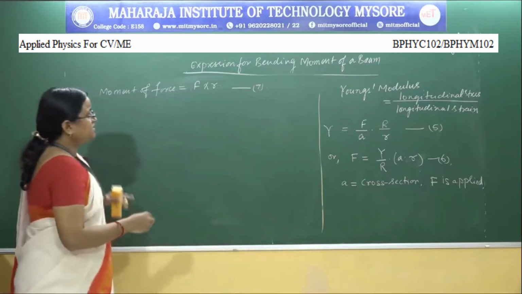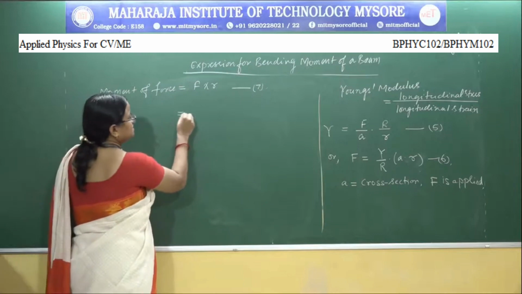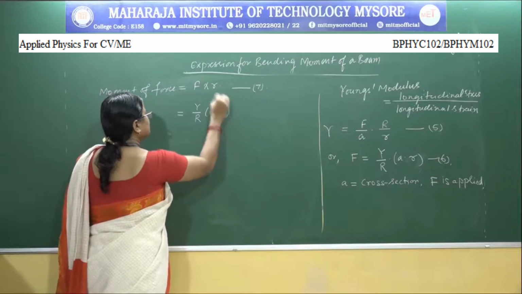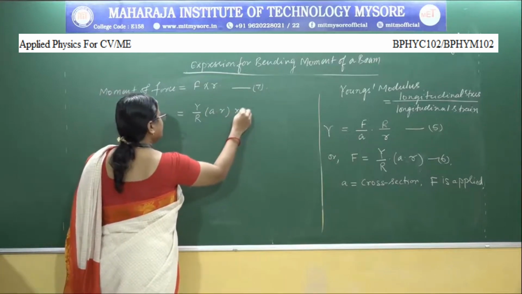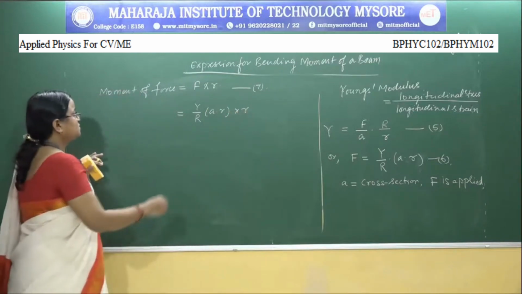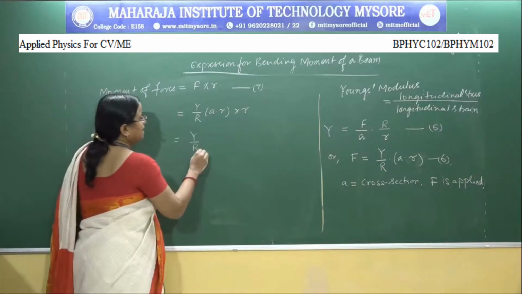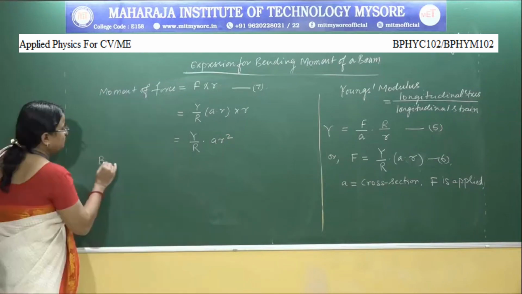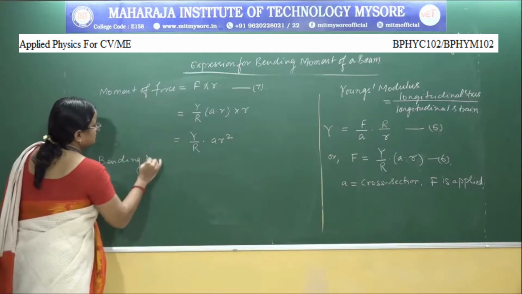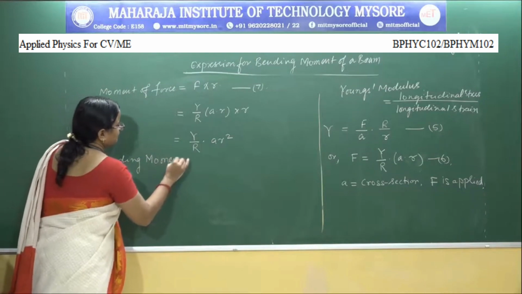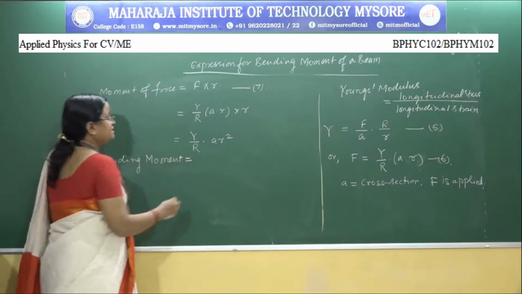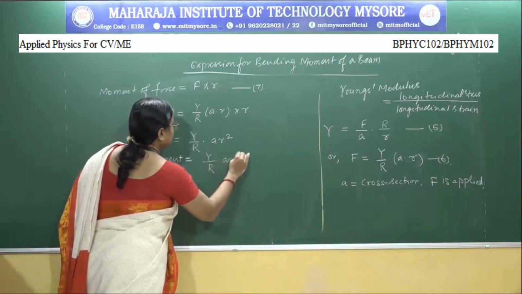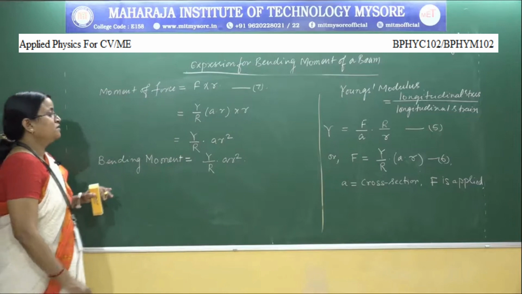So, we know the expression of force, Y by R, A into r, and this multiplied again by r. So, moment of force is Y by R into A r square. So, bending moment we can write as Y by R into A r square.